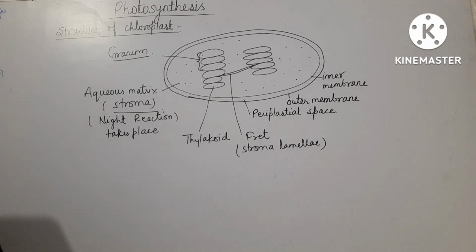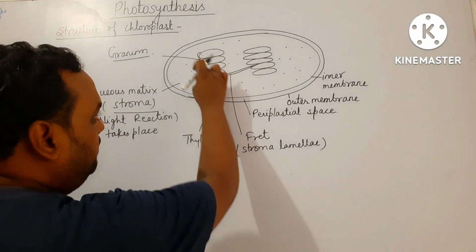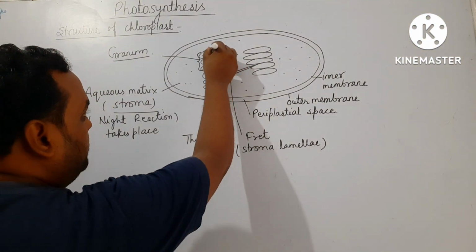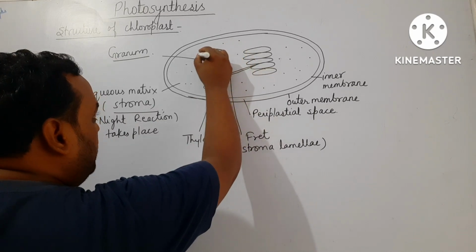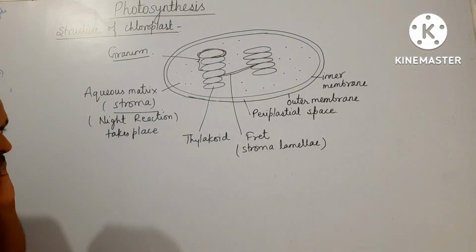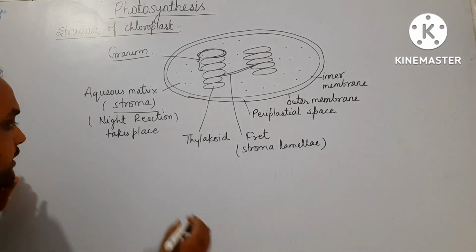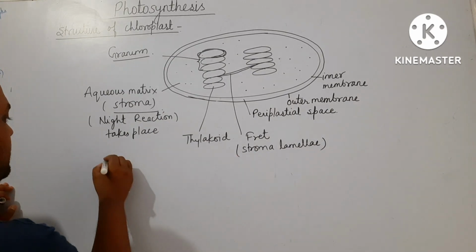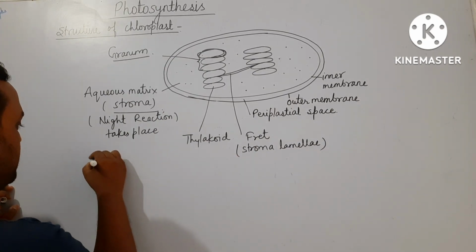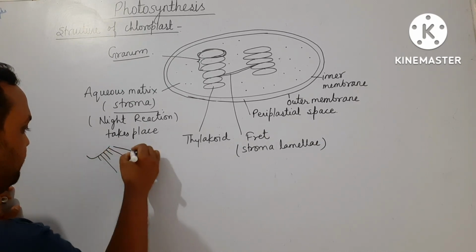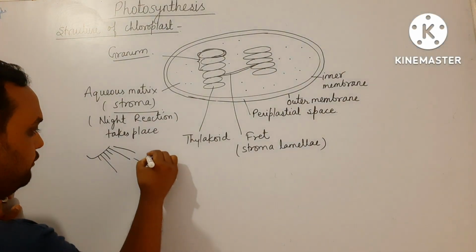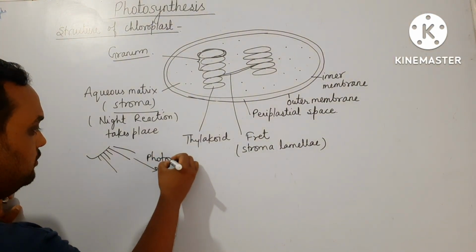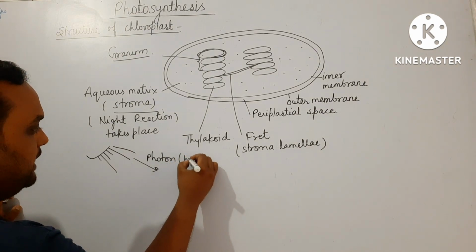Now, most of the chlorophyll molecules are present on the membrane of the thylakoid. When the quantum energy is coming from the sunlight, it is called photon, which is denoted by h nu.